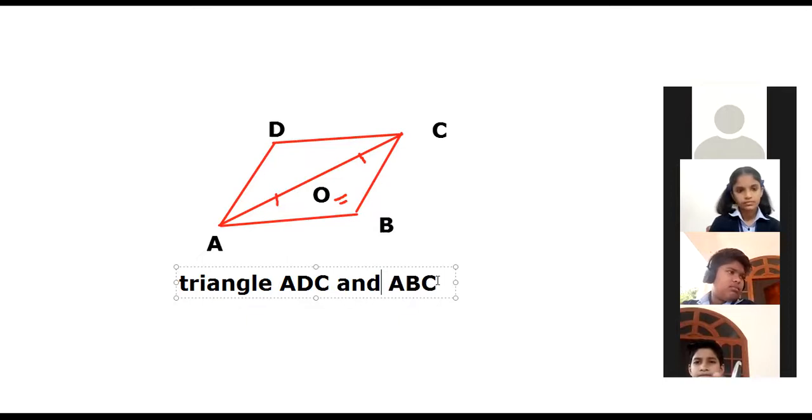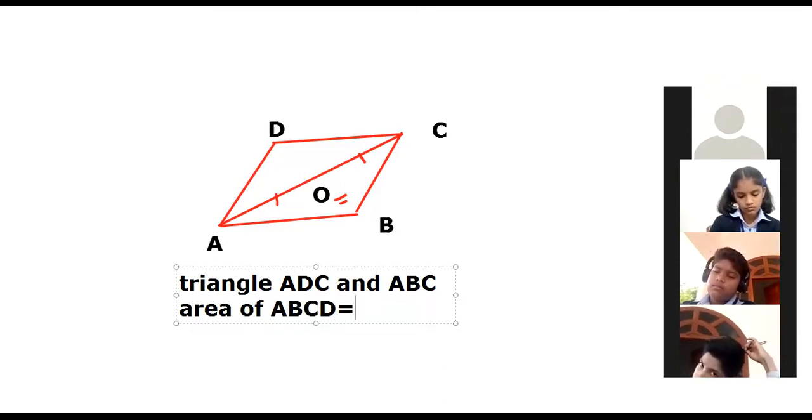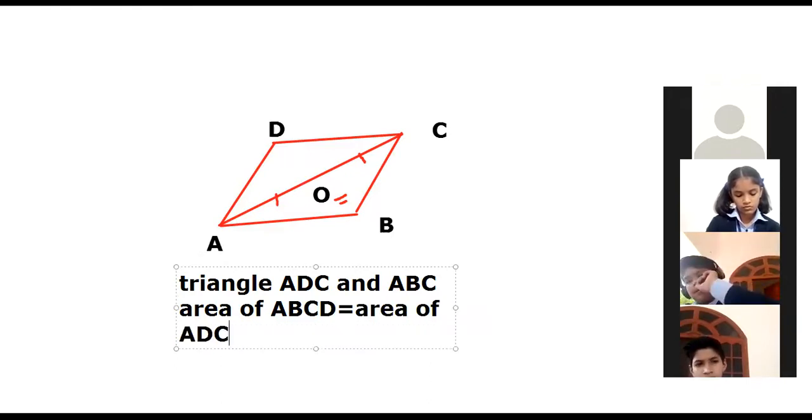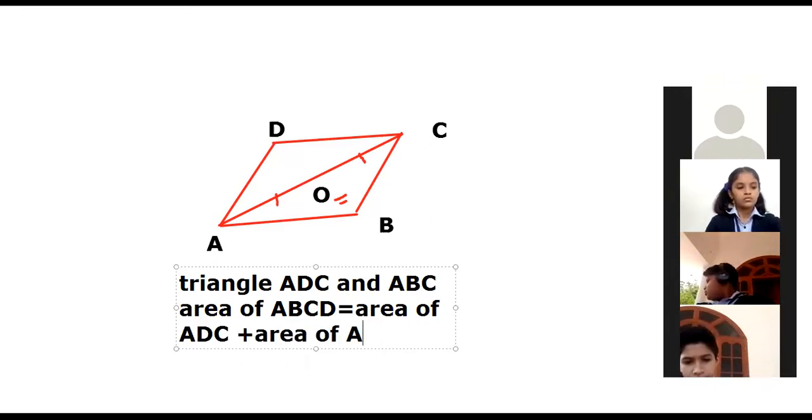Then area of rhombus ABCD will be equal to area of these two triangles, area of triangle ADC plus area of triangle ABC. Is that clear? You know that, right?